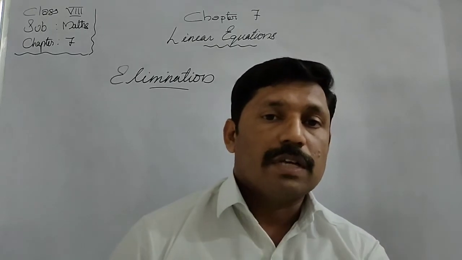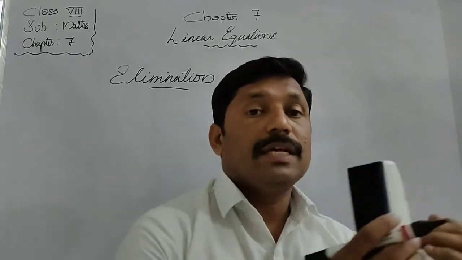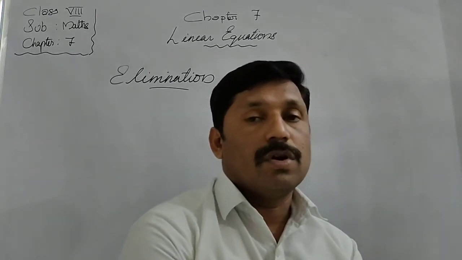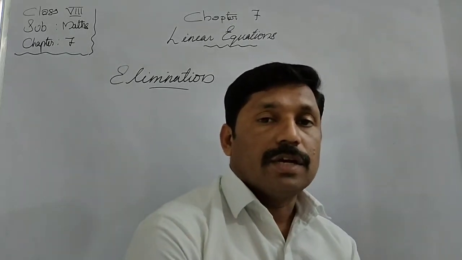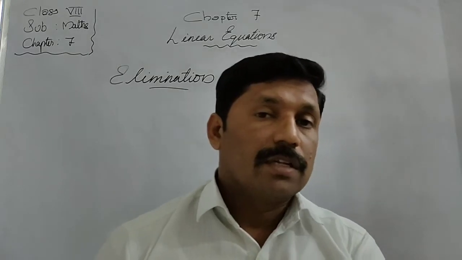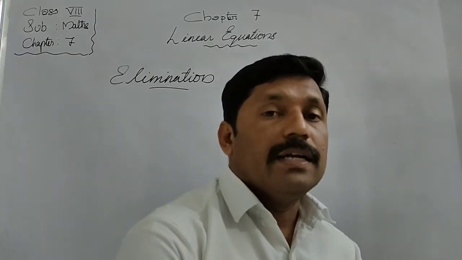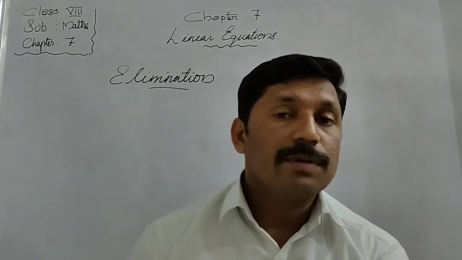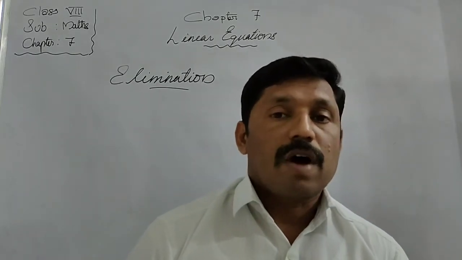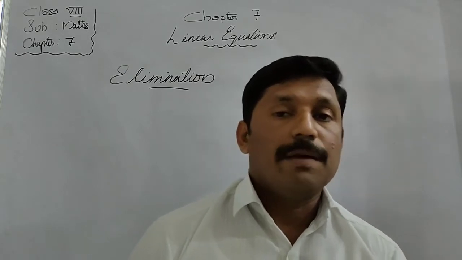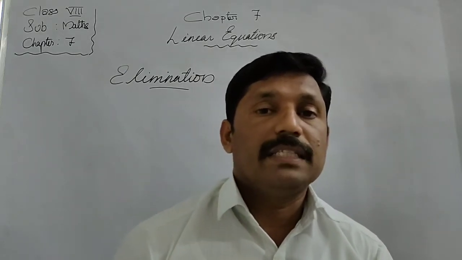If we add something in LHS, the same thing should be added to the RHS also. If we subtract something in LHS, the same thing should be subtracted in RHS. If we multiply something in LHS, the same thing should be multiplied in RHS. And if we divide something in LHS, the same thing should be divided in the RHS also. Whether it is division or multiplication, addition or subtraction will be decided on the basis of the question.